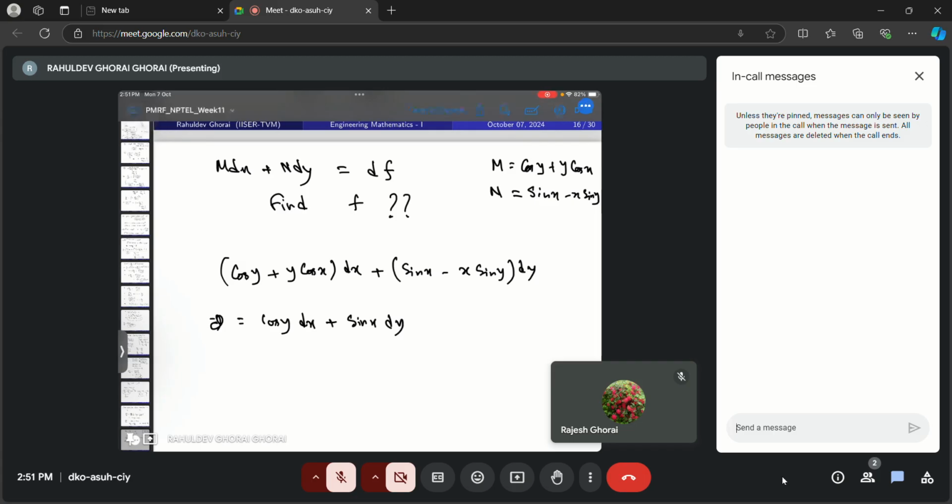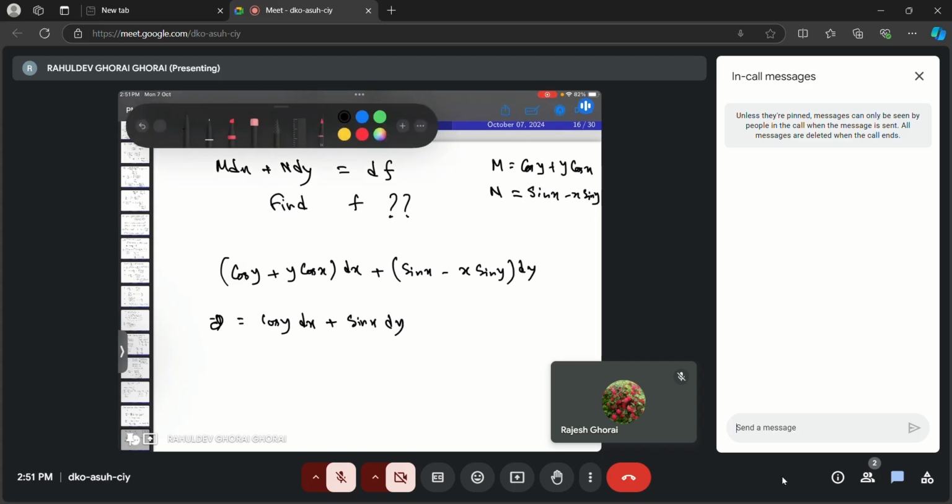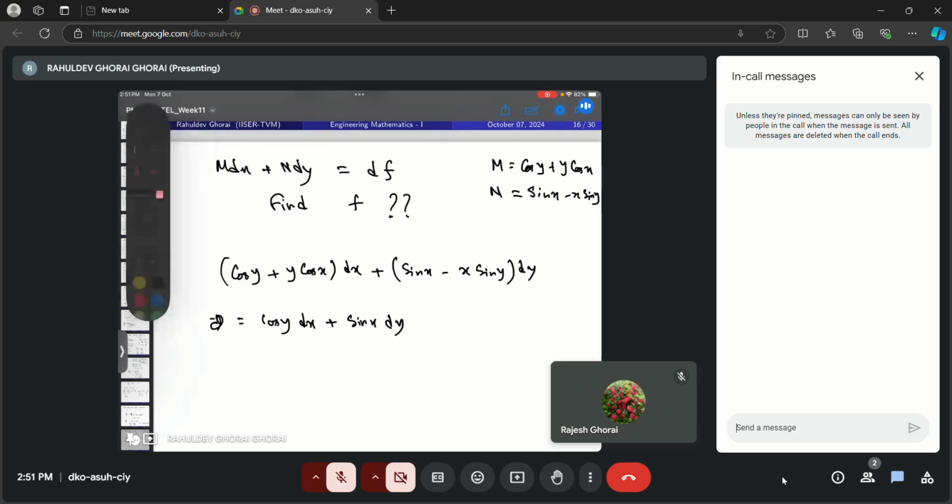Okay, so how do you find this f? It's not always easy to find this function, but the theorem says it exists. So I am trying to find out whether we can get that f easily. It is not always easy to find. Okay, but let me try.